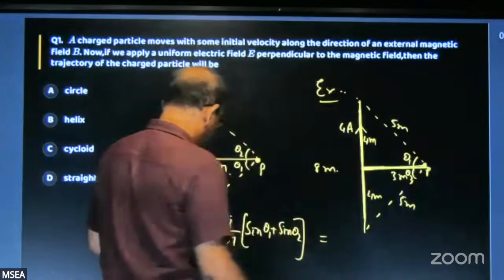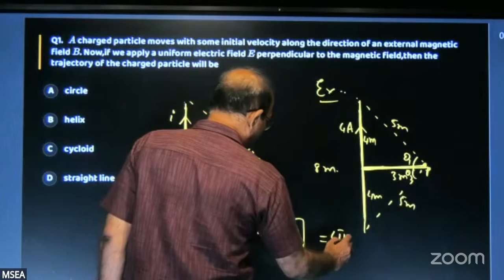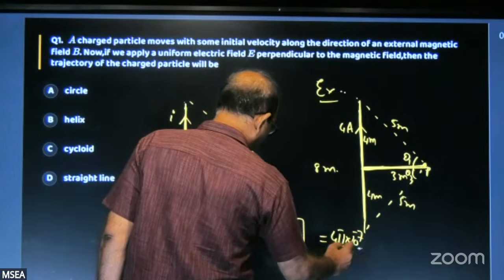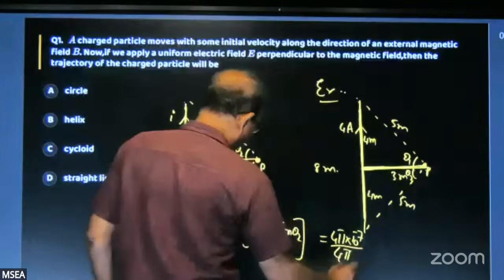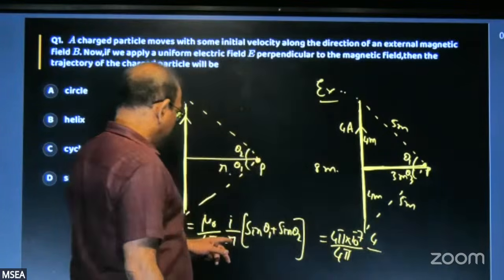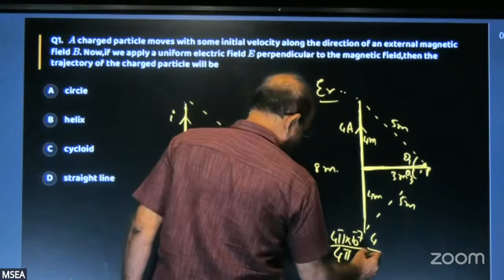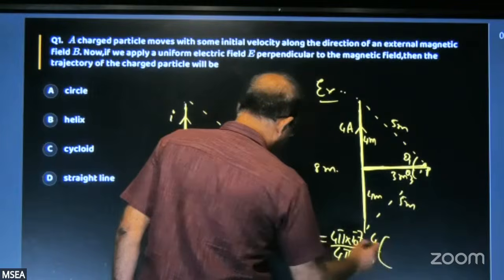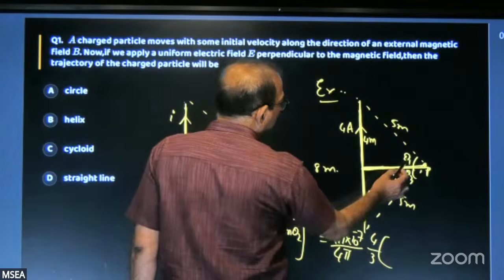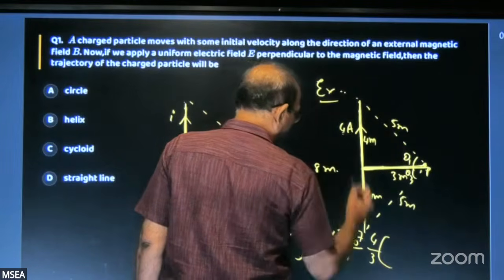Now substitute here. Mu naught by 4 pi, 4 pi into 10 to the power of minus 7 by 4 pi, current given as 4 ampere, by the perpendicular distance of the point from the wire, 3 meter, and sine theta 1, 4 by 5, opposite by hypotenuse.